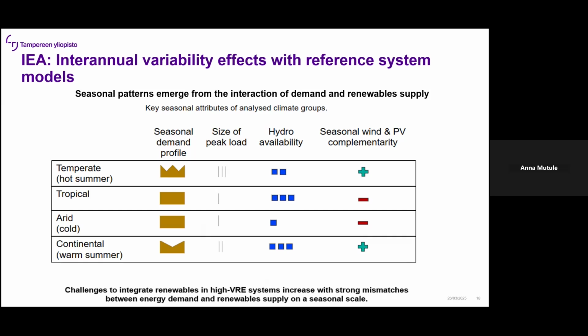For example, in temperate regions with a hot summer, peak loads tend to coincide with low solar availability, but there is relatively good seasonal complementarity between wind and solar. Tropical regions, on the other hand, have less seasonal demand variation, but face challenges due to lower hydro availability and limited wind-solar complementarity.